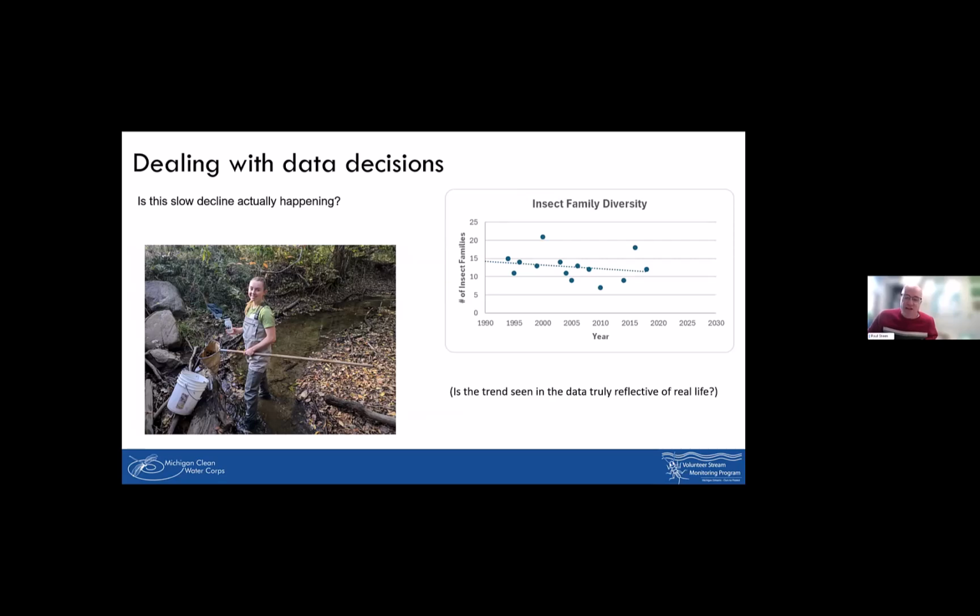You try to find this trend through the middle of the data over time, but it's just hard to know. Statistically, is it going down or is it staying the same? These are things that, as a program manager and a volunteer manager, you have to grapple with.